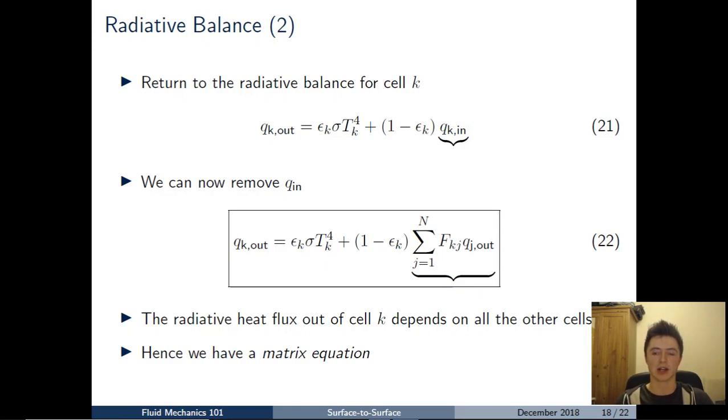So all of the cells are now linked together in one equation, and the unknown here is the radiative heat flux given off all of the cells in the mesh. If you're a little bit more astute, you may notice that what we've actually got here is a matrix equation, and that's what I'm going to show you on the next slide.